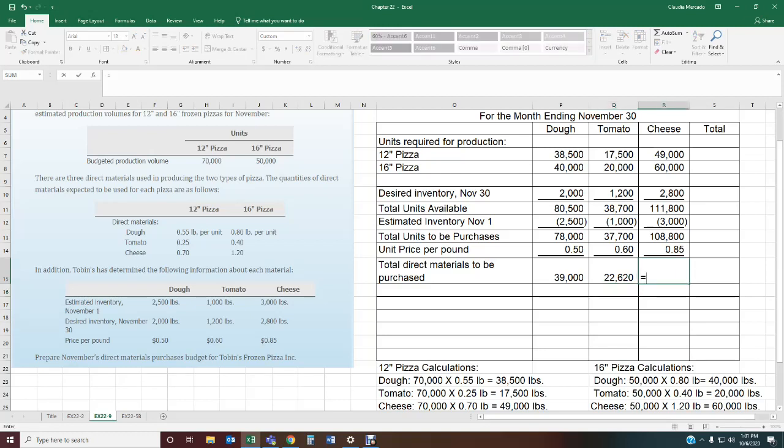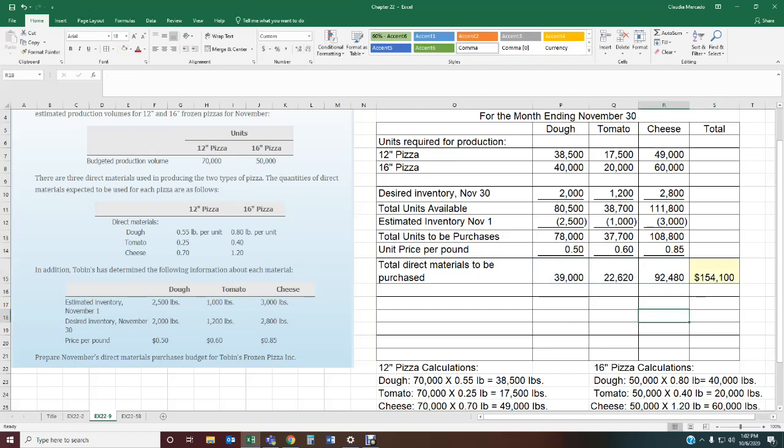Okay. Last but not least, we have our cheese. I know I need 108,800 pounds of cheese, and I'm going to multiply it by 0.85 a pound. That's going to give me $92,480 for cheese. So the total that I'm going to spend on my materials, my dough, my tomato, and my cheese, to manufacture my 12-inch and my 16-inch pizzas, I'm going to add those three together, and that's going to give me $154,100.